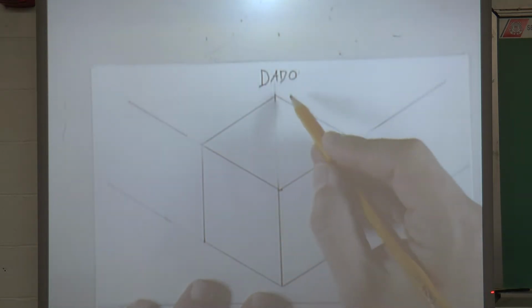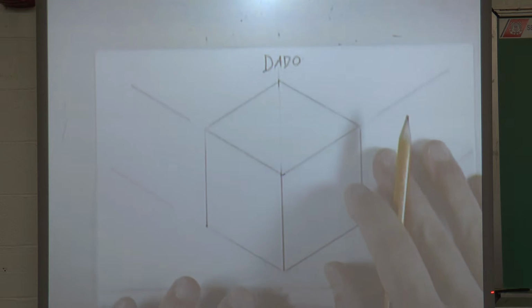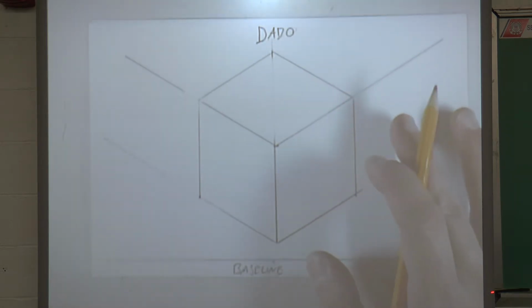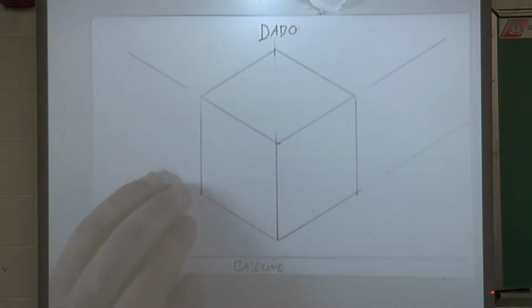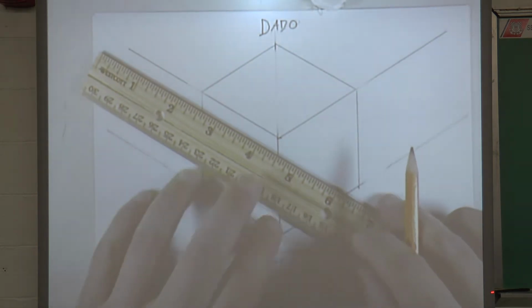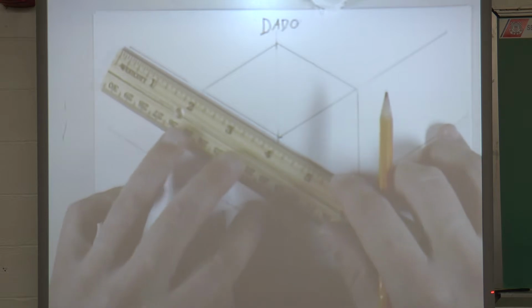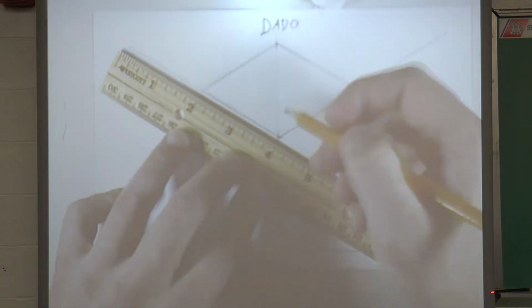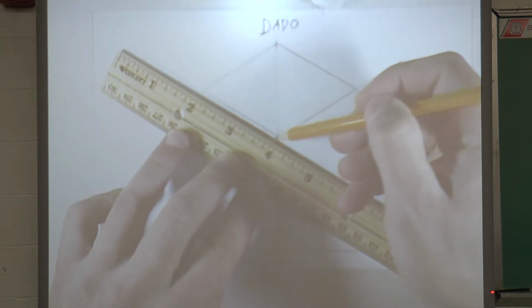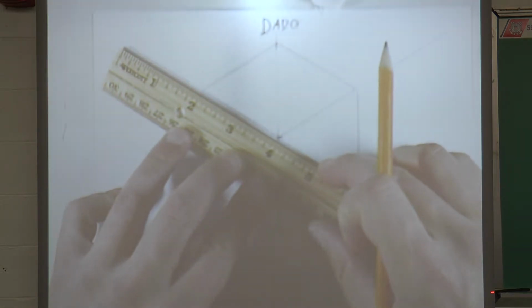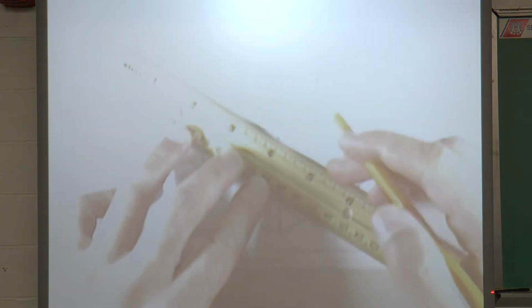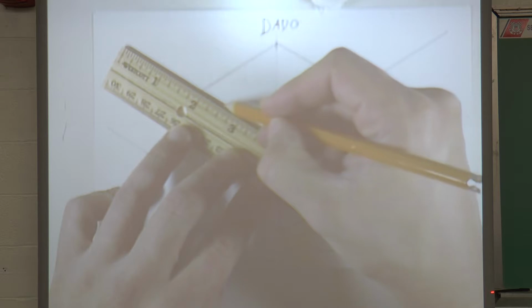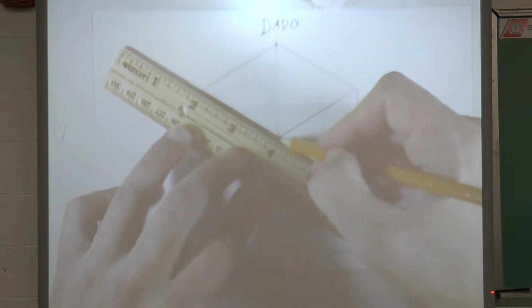So at the top, I've identified this as a Dado, and I'm now going to make this into the Dado itself. I get out my ruler. With my ruler, I'm going to measure in a 1/2 inch on each side.